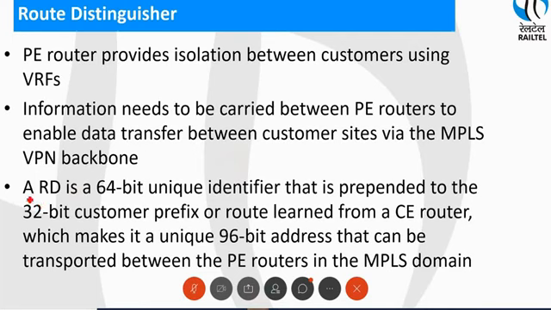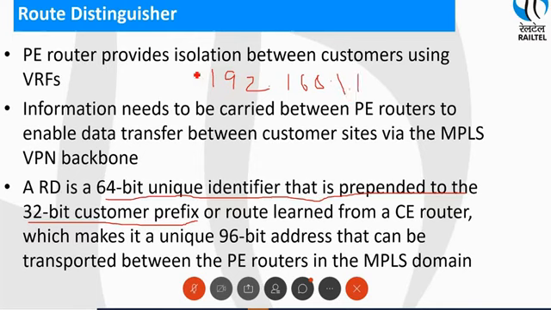But because we need to isolate them, an RD, which is a 64-bit unique identifier, is prepended to the 32-bit customer prefix or route learned from a CE router. What happens is that the IP 192.168.1.1 is prepended with a 64-bit unique identifier.